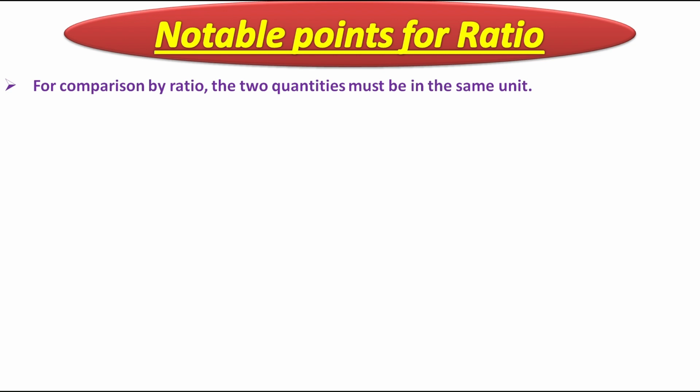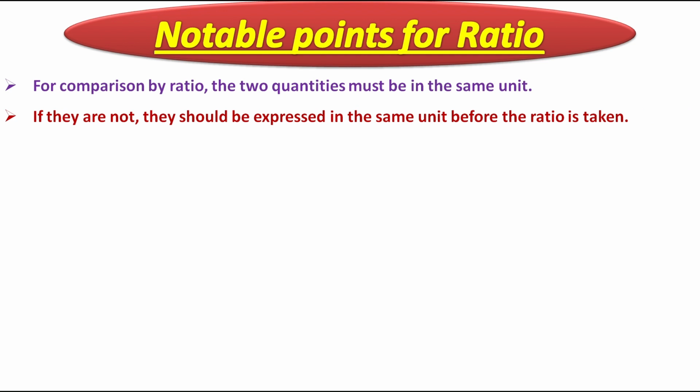In that, the cost of both things was in the unit rupees. If one quantity is told in rupees and one quantity is told in paise, then we have to convert them and make them the same unit. If they are not, they should be expressed in the same unit before the ratio is taken. This is a very important point.